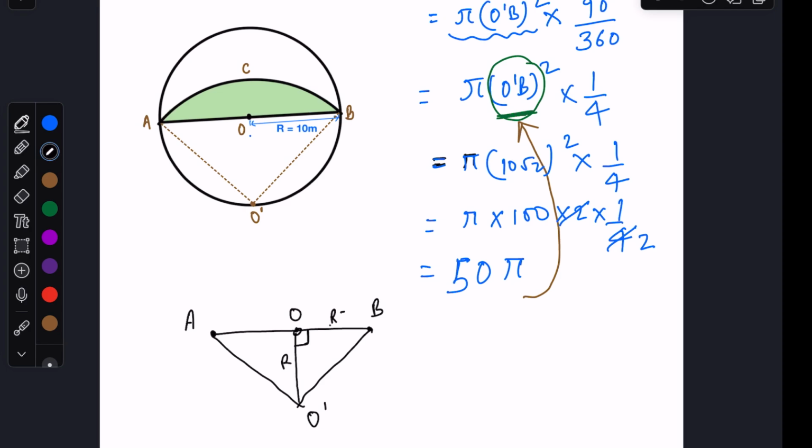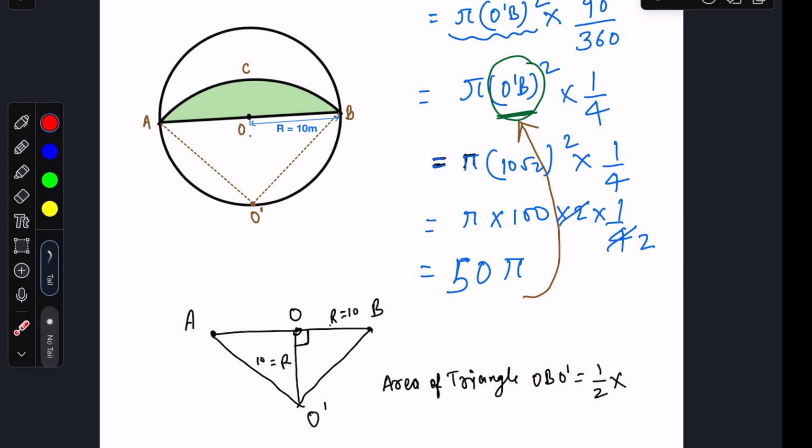This is also the radius, which is 10 meters. So the area of triangle OBO dash is half into base. Base is this AB, which is the diameter of the original circle, so it will be 2 into 10, twice the radius.